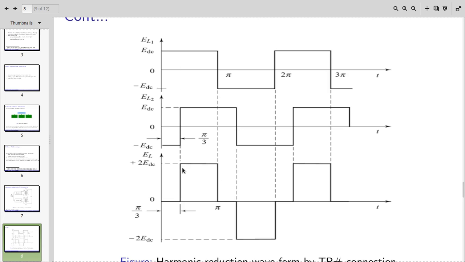Just summing up, that means the number of steps is 1, 2, and so on. That means it looks like a stair, and that means your harmonics will be reduced.